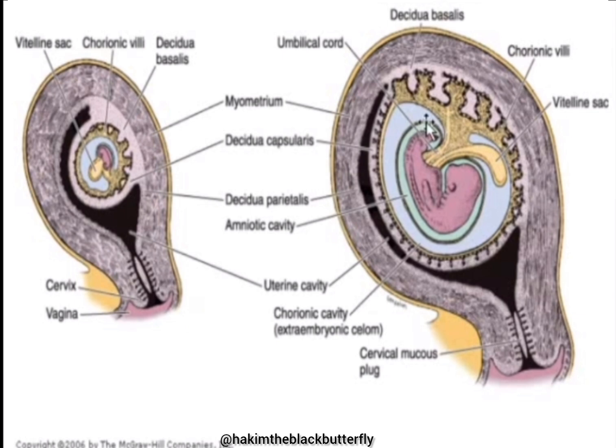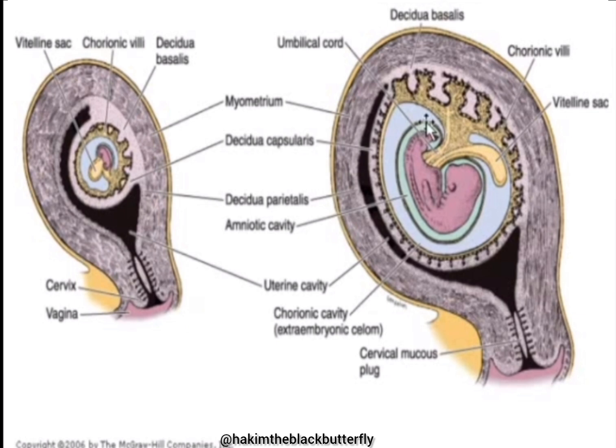Where do the oogonia and the spermatogonia cells come from? Now we are going to look at the different structures of the body and the parts of the inner cell mass where they develop from. That is going to be answered after the third week.